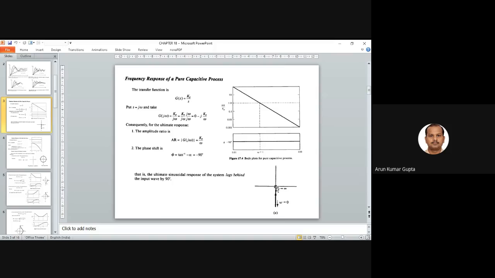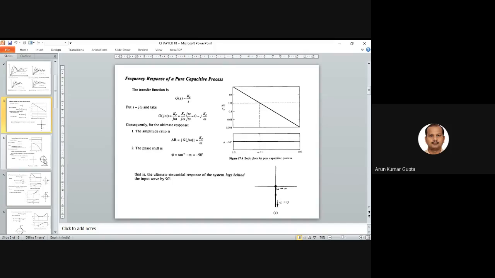This is the Nyquist plot of the pure capacitive system. If there is any doubt regarding this plot, you can ask. It is simple, we are just representing things mathematically by varying the omega value, right?